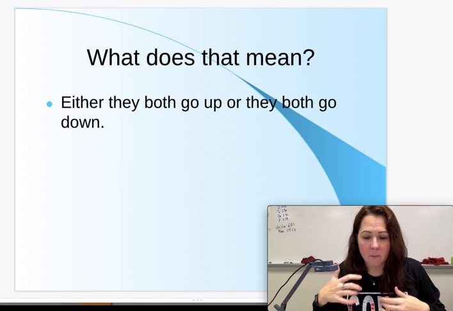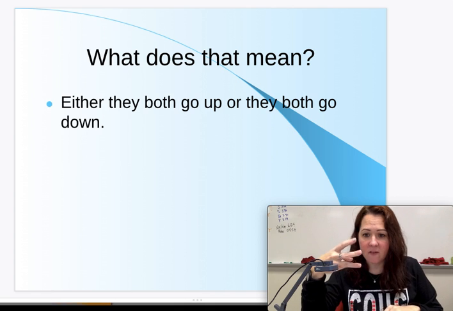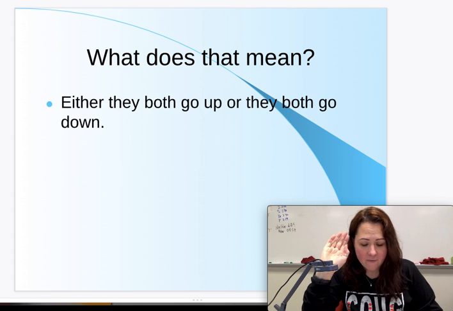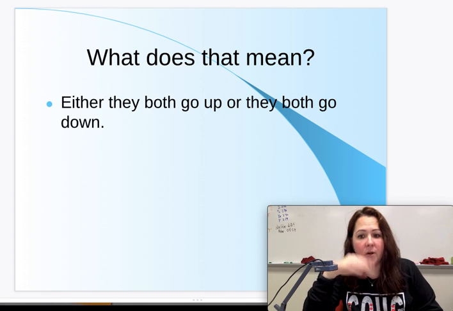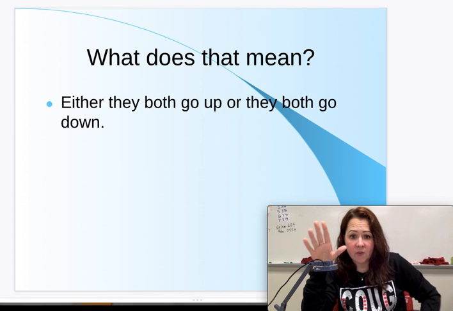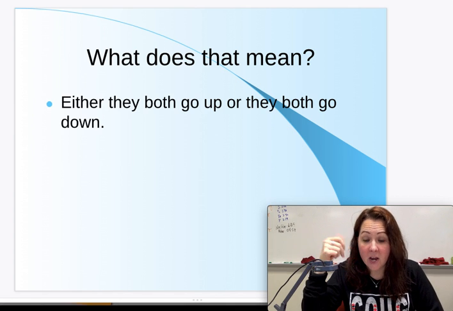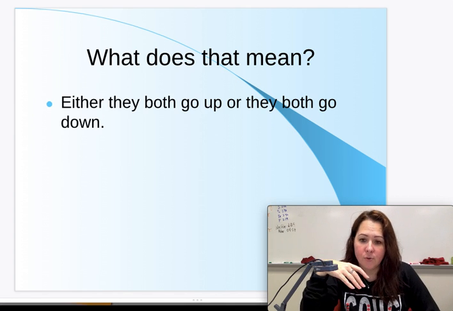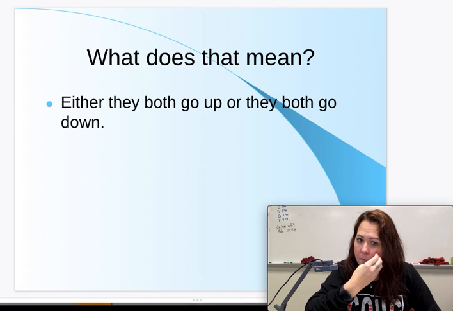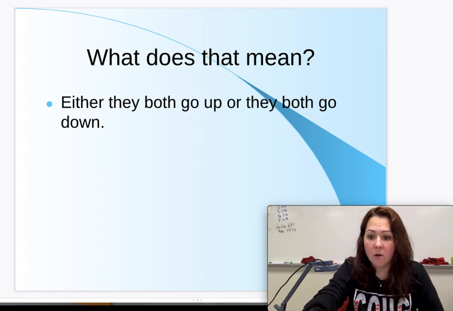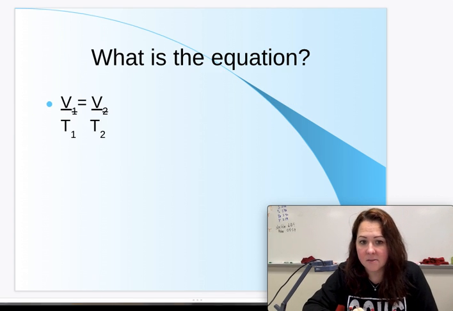As we look at the math here, again, we're going to get three variables. You're going to have volume 1 and temperature 1. You're going to change one of those variables, and you're going to have a new volume or a new temperature, depending on what you change overall. So you're going to see how the other one reacts.